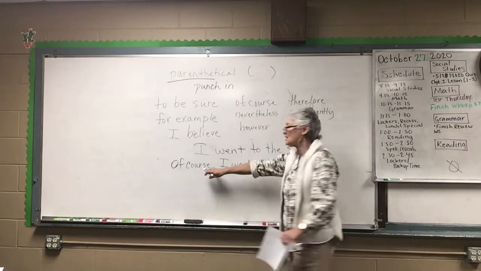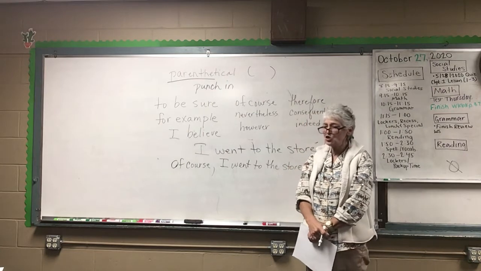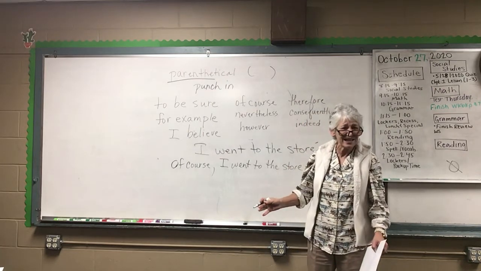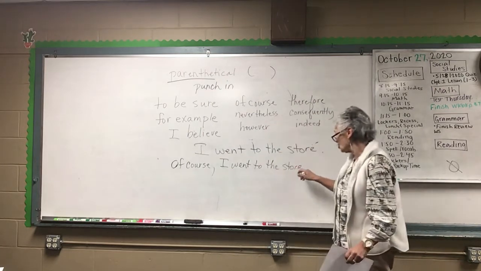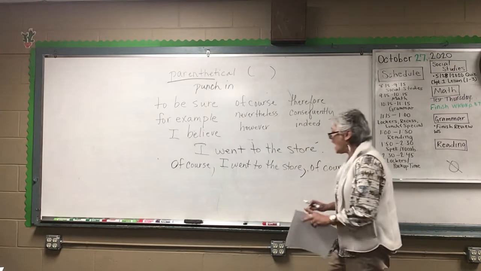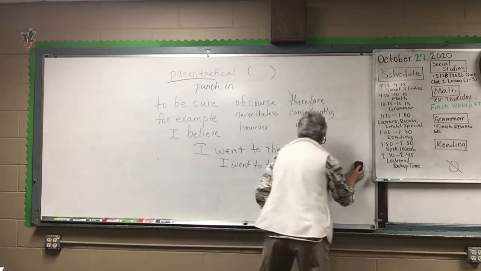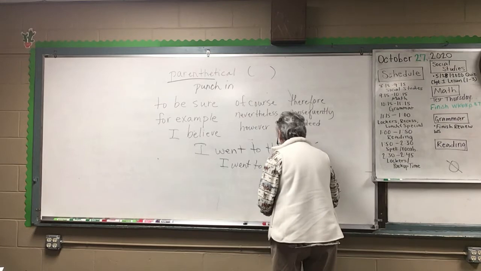Because that's where introductory prepositional phrases would come. You can do that technically. You could say, I went to the store, comma, of course. Okay? I don't want you to do that. I want you to actually punch the parenthetical in.